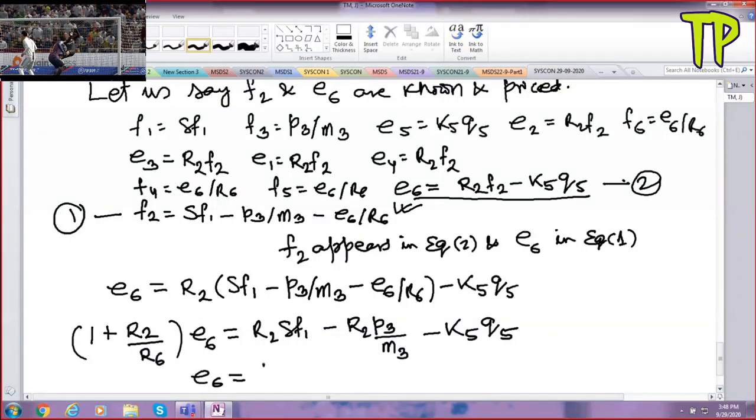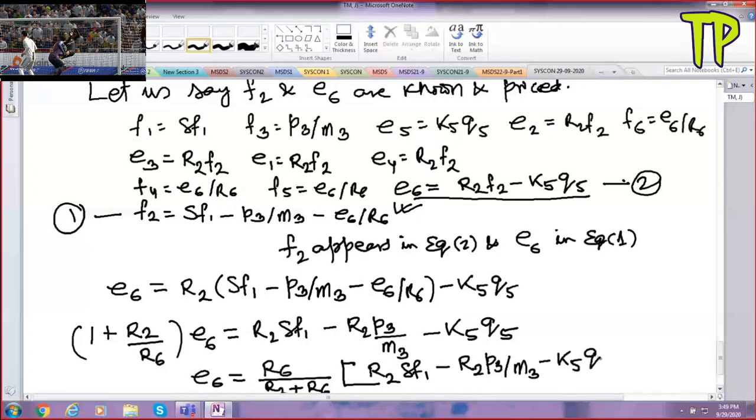E6 is equal to R6 by R2 plus R6 times this whole thing. Right.